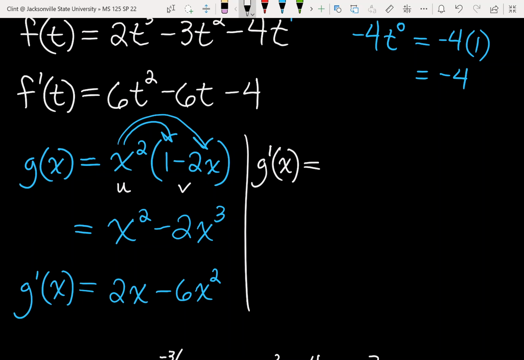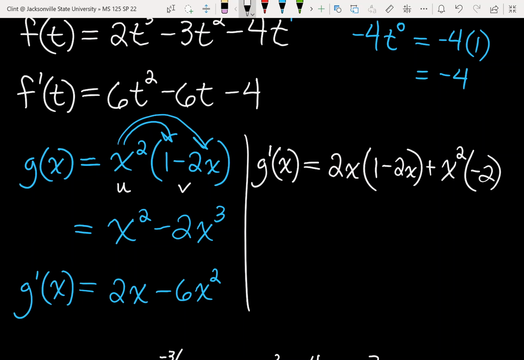Okay, so we could take the order I do it in. We could take the derivative of the first one, 2x, times the second one, plus the first one times the derivative of the second one. So what's the derivative of the parentheses there? Minus 2.